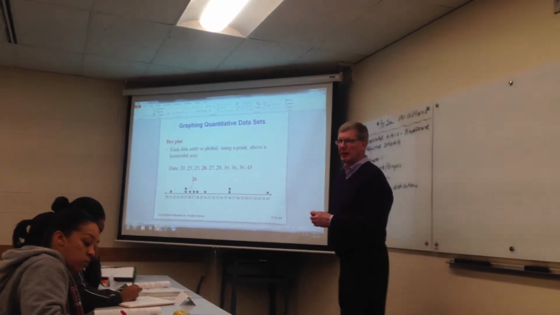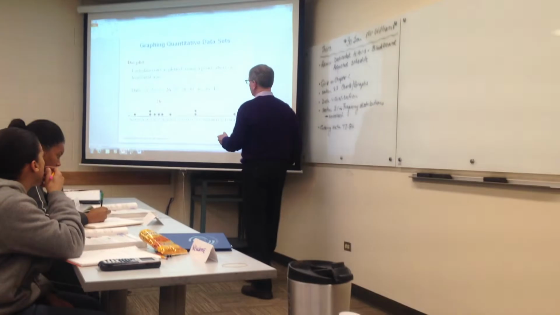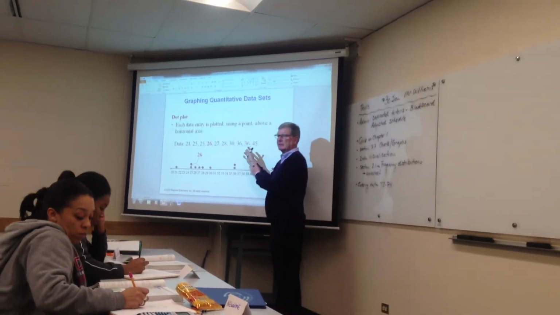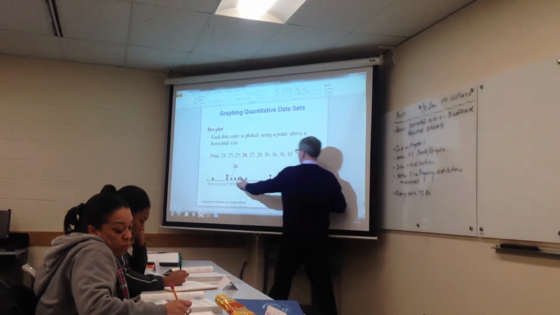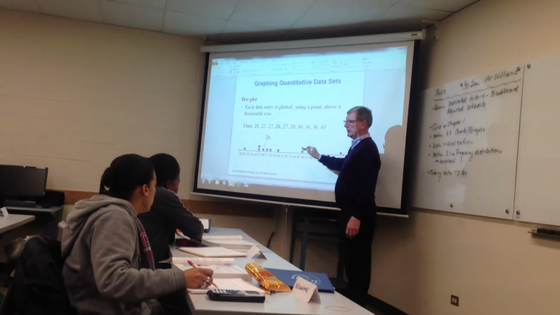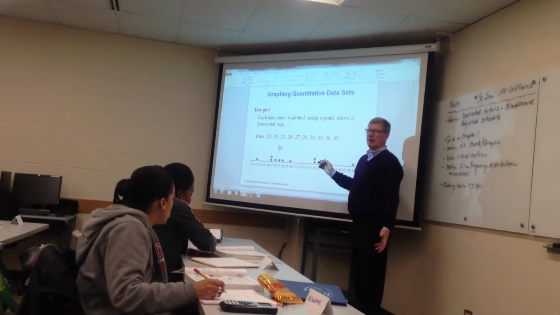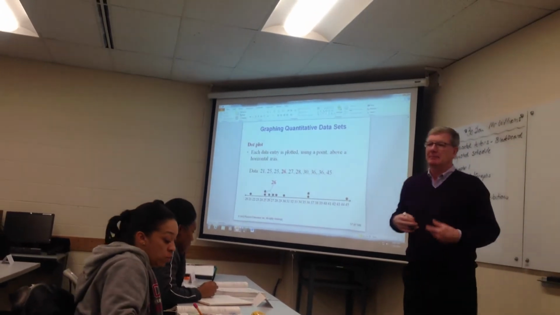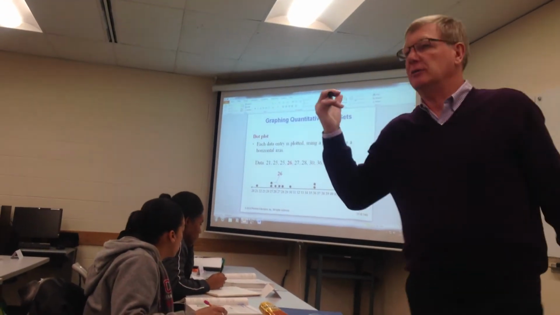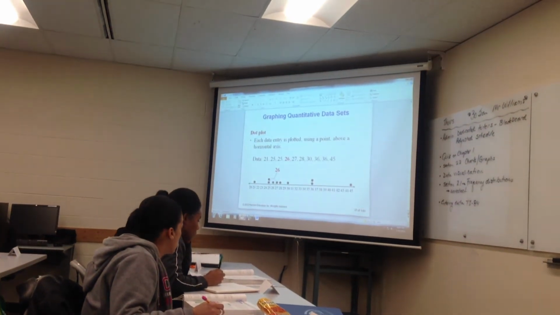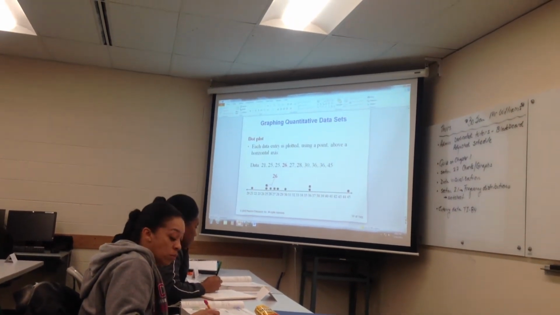And all the dot plot is, if I had data that was in whole numbers, and that's the same data set, and I just drew a number line, I would put a dot for each data point that I had. And to me, that's a pretty lousy looking chart. It's really not, it doesn't say much. It looks like the number line with a bunch of dots on it.